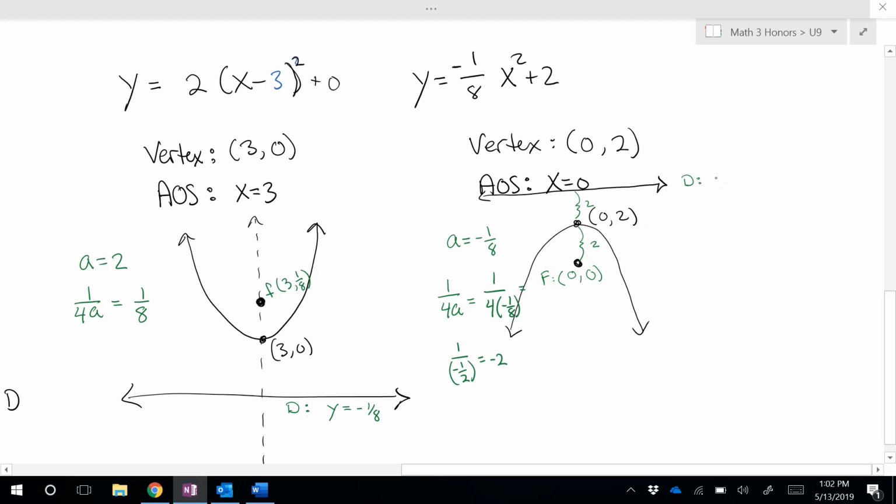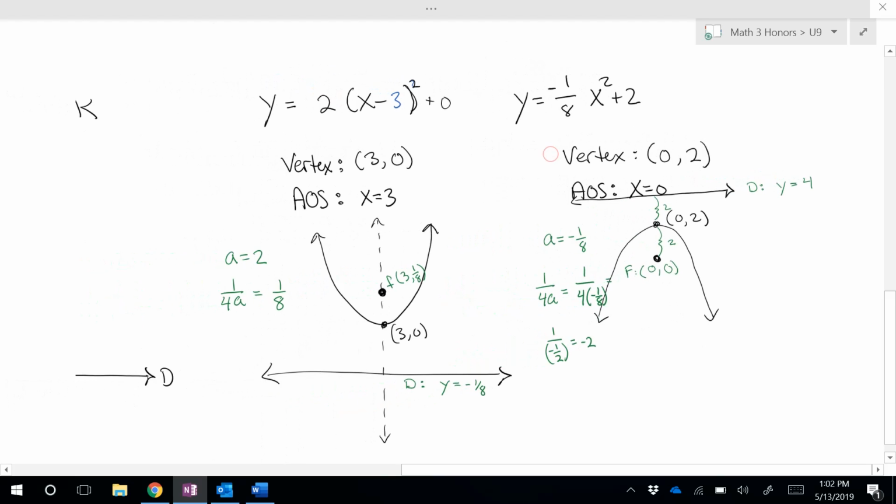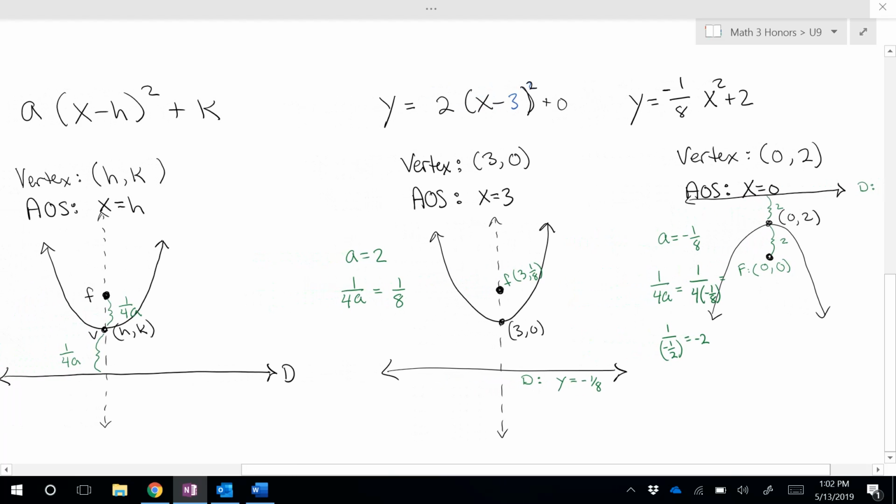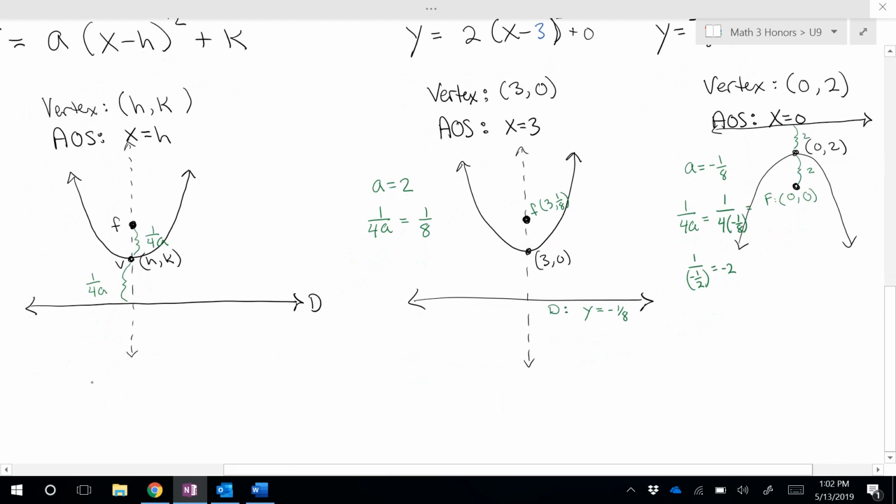Directrix is going to be y equals 4. So in general, let's go back to our general form. Can you give me an equation for our focus? Our vertex would be (h, k). What would the focus be?